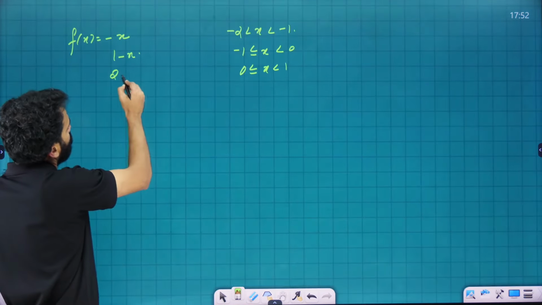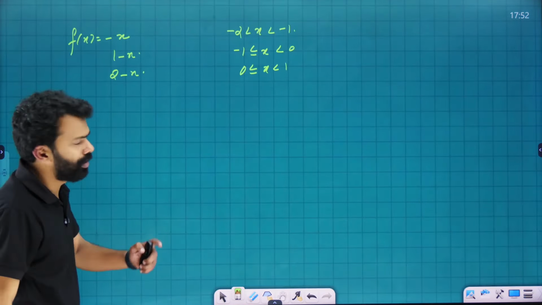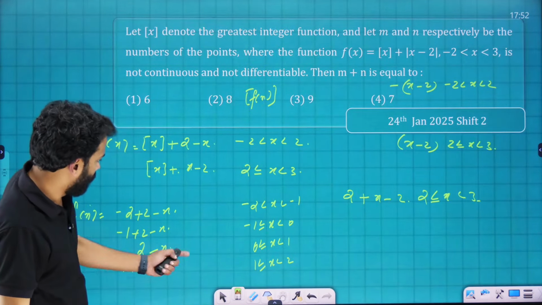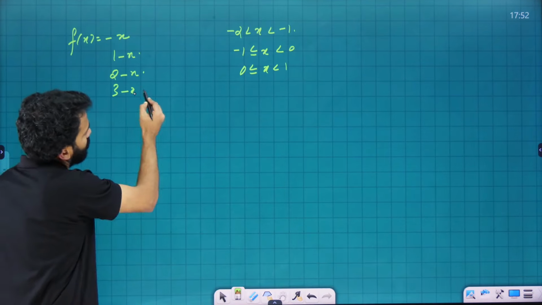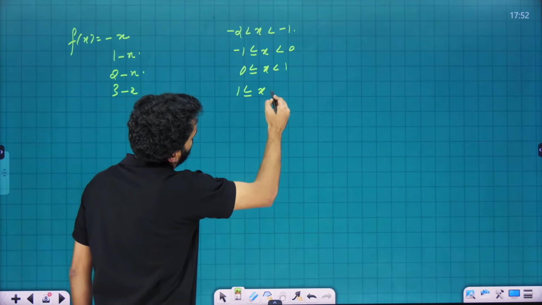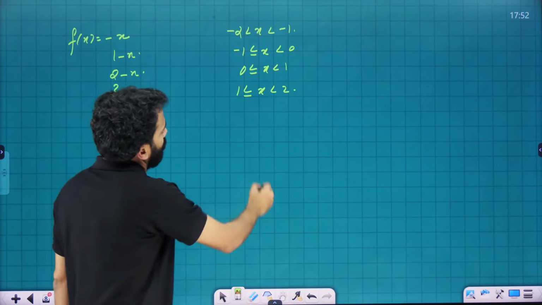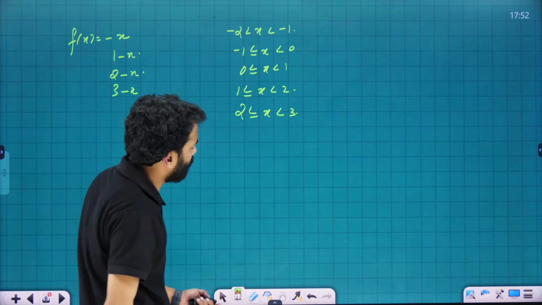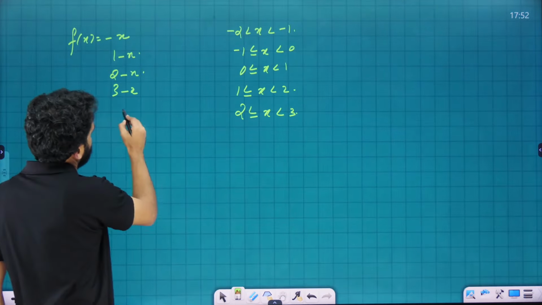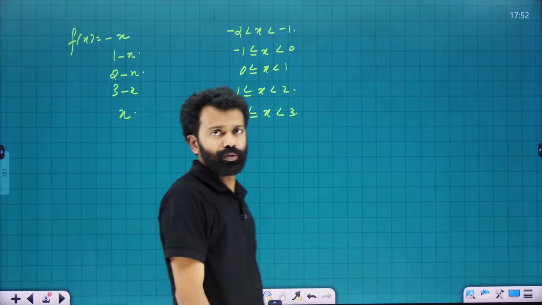And the next one, 1 less than or equal to x less than 2, that is 3 minus x. And the next one, 2 less than or equal to x less than 3, for that I think it was x. Yes, x.